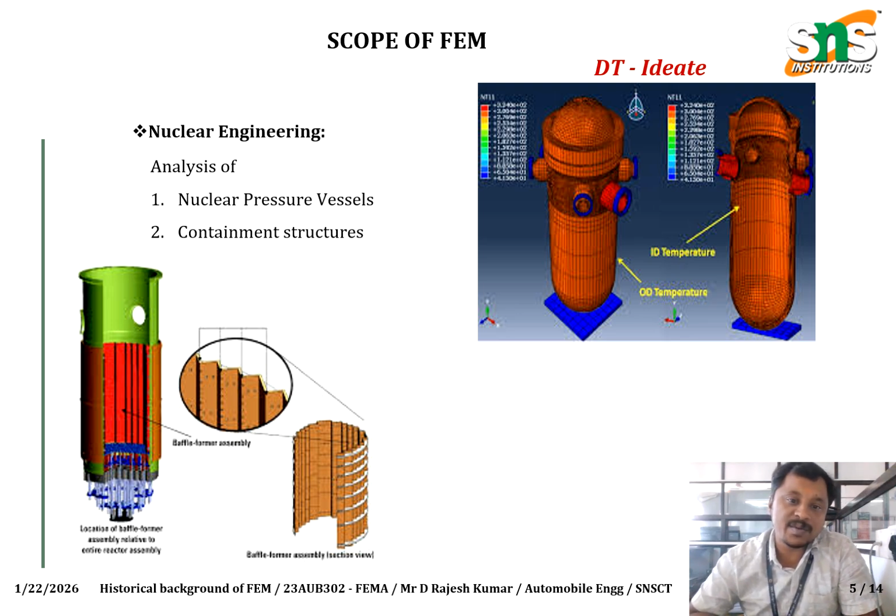And this is very important in nuclear engineering, where the pressure vessels and containment structures can also be analyzed. You can see here what the pressure is, because in a nuclear power plant we use nuclear energy to convert water into steam, and later the steam is made to flow over the turbines.